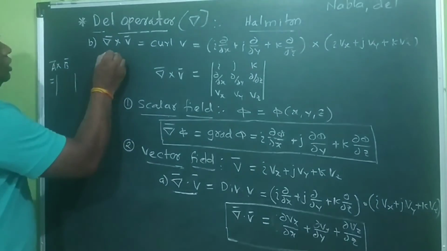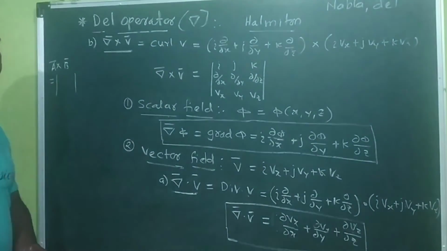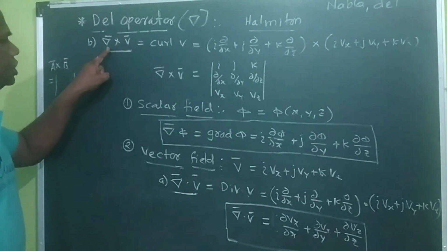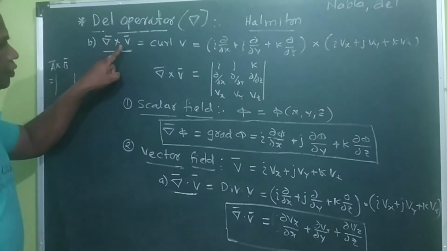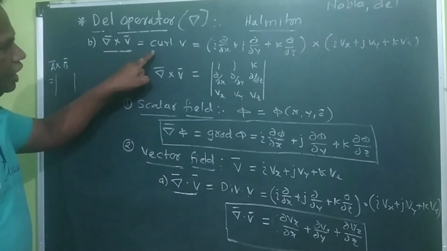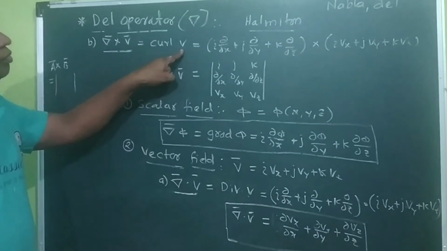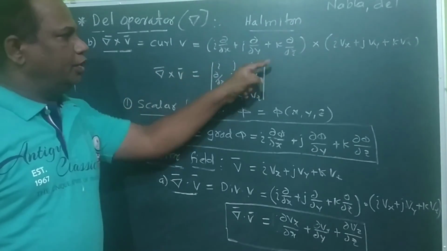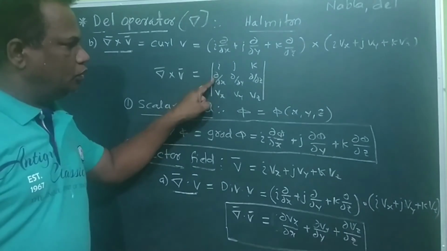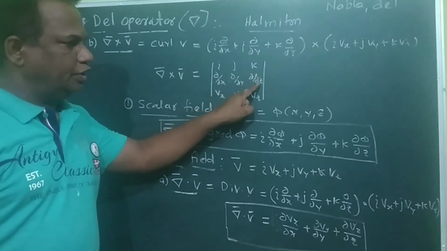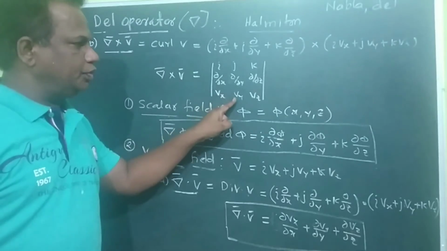Whenever the del operator is operated on V bar using the cross product, it is called del cross V bar. It is read as curl of vector V. Its value is given by the determinant with first row i, j, k, second row ∂/∂x, ∂/∂y, ∂/∂z, third row Vx, Vy, Vz.